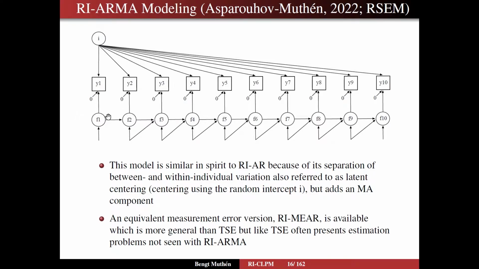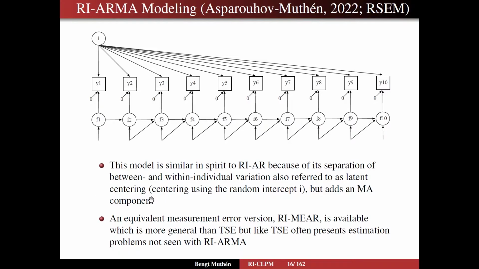Here we have that same setup, and we have the regression relationships on the factors, for the factors, instead of between the y's. So it has the same spirit as the RI-AR model because of the separation of between and within individual variation, which by the way is also referred to as latent centering, or centering using the latent random intercept I.